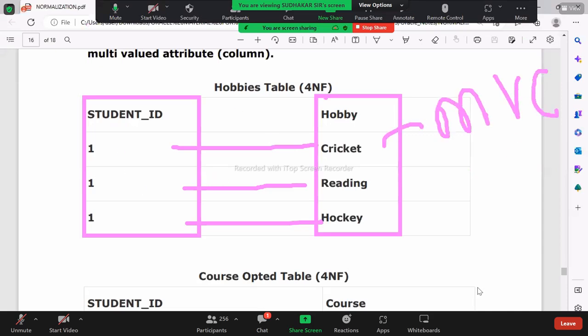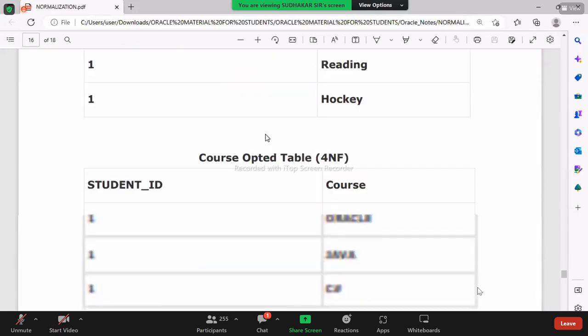But how many are there in this table? Only one is there. If it is having one, there is no problem. It is a problem when more than one is there. That is what 4NF is telling us. So here one is there, so this passes the 4NF conditions.